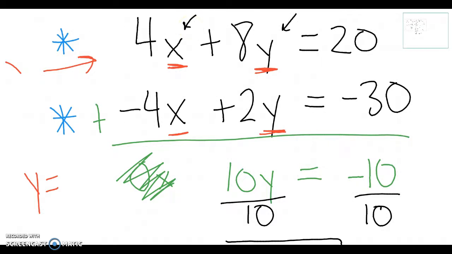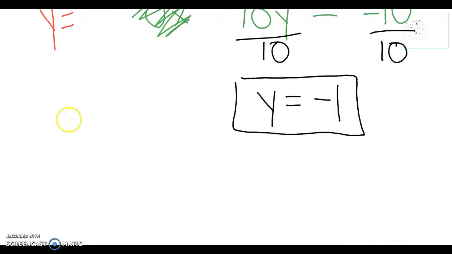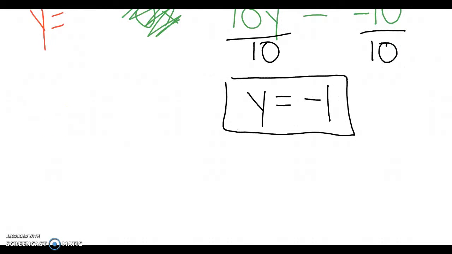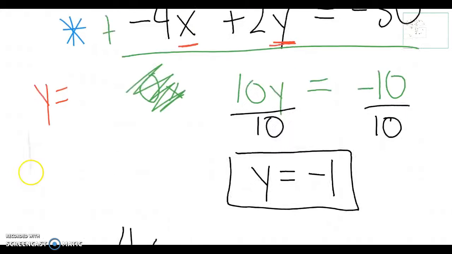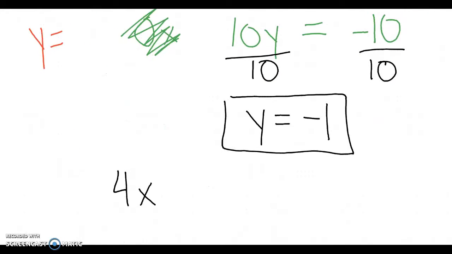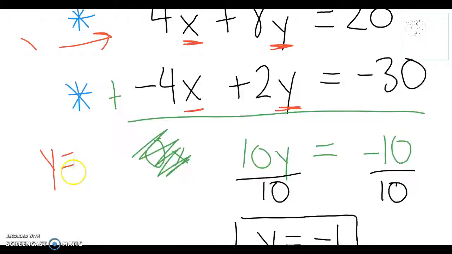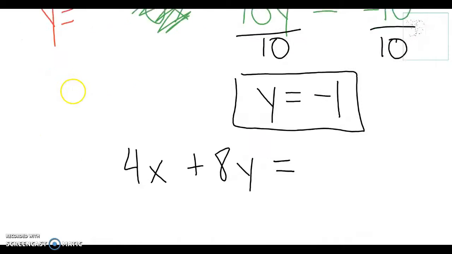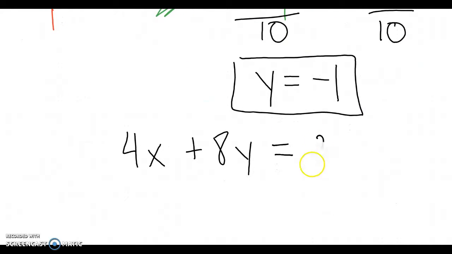So I'm going to just take that first equation and plug in what I know, which is that 4x. I'm going to just scroll back up for a second. Plus 8y is equal to, I'm pretty sure that was 20. Yep, that was 20.